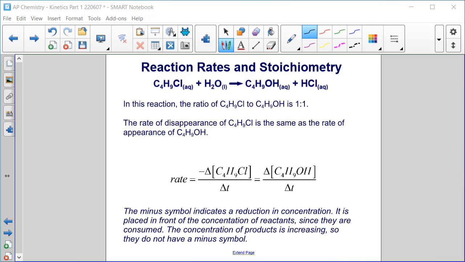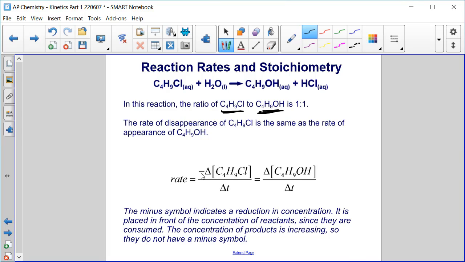In this reaction, the ratio of this reactant, the C4H9Cl, to this product C4H9OH is 1:1. What that means is the rate that the reactant disappears is the same as the rate that the product appears. So the rate is equal to the change in concentration of the reactant over time, but that is the same rate as the change in the concentration of the product over time.